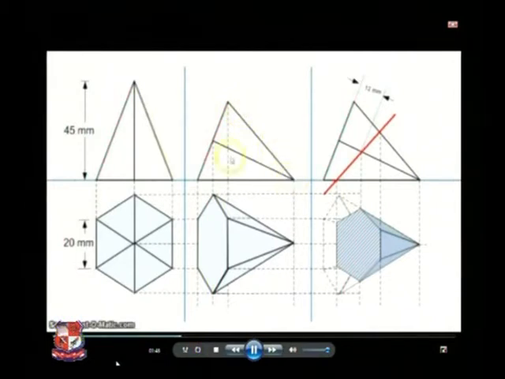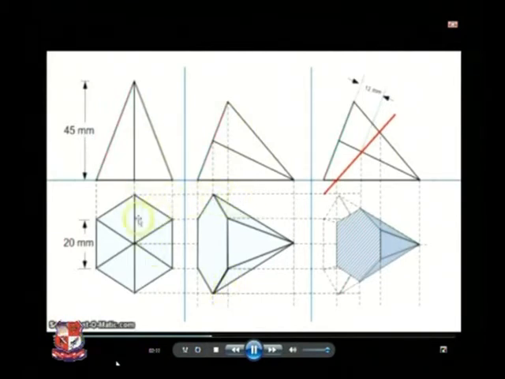Then tilt this pyramid in such a way that it rests on one of its base like this. So redraw this triangle in such a way that the side is on the XY line by taking projections from the front view and top view. We can draw this top view. So draw vertical lines from the front view like this and horizontal lines from the top view, that will give us this top view.